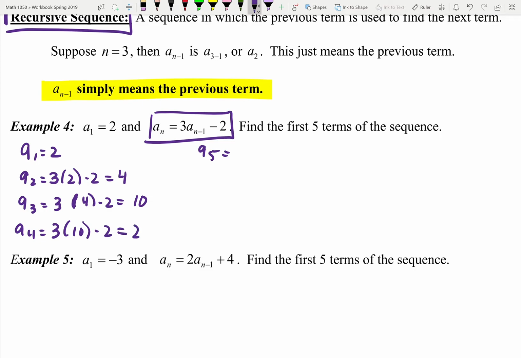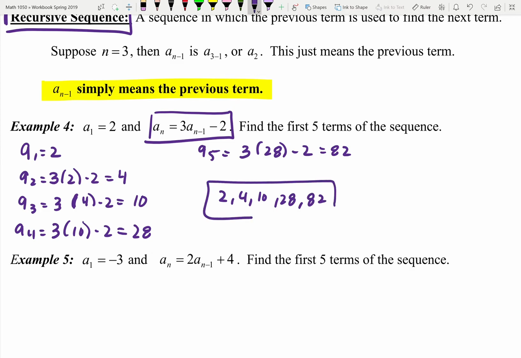That's 30 minus 2, which is a 28. The next one, 3 times the previous term, which is 28, minus 2. So I'm going to go 3 times 28 minus 2, and that gives me 82. Let's write it as a sequence. 2, 4, 10, 28, 82, and we're done. Easy.